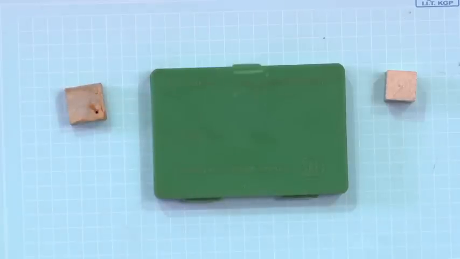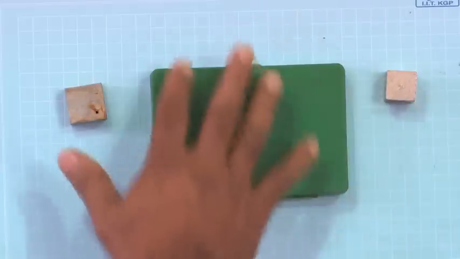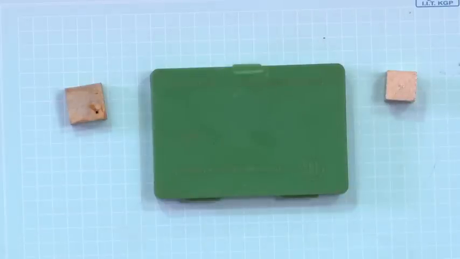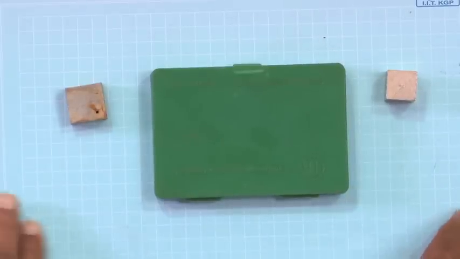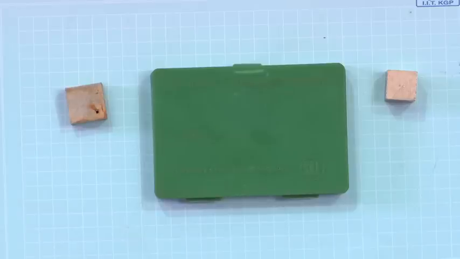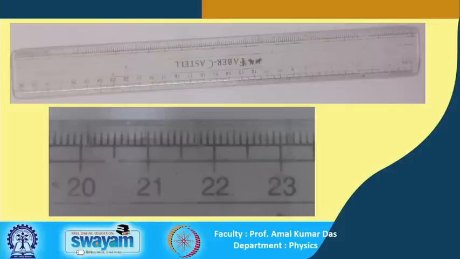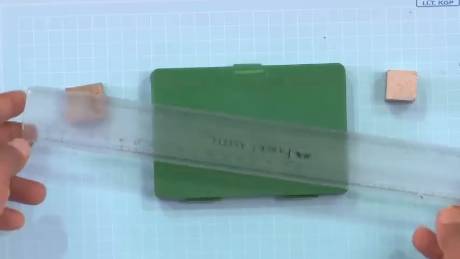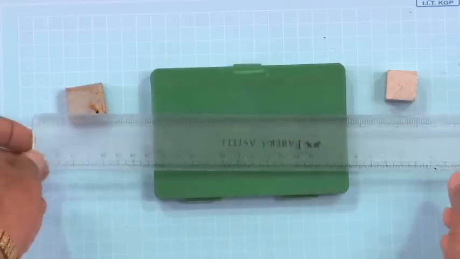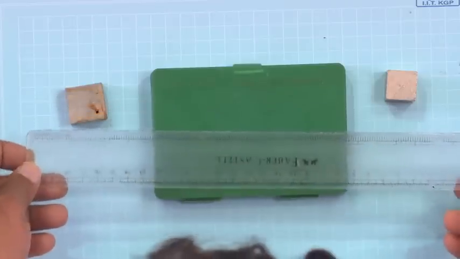If I ask you to find out the volume of one of them, what will you do? You will take the meter scale. I think I have a meter scale, the same meter scale as I have shown you in the picture. It is not a good one, but you can use it.